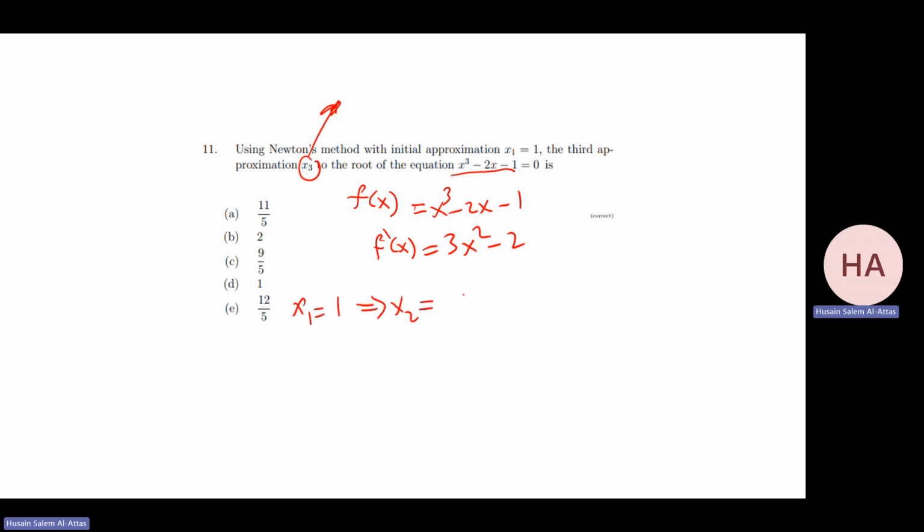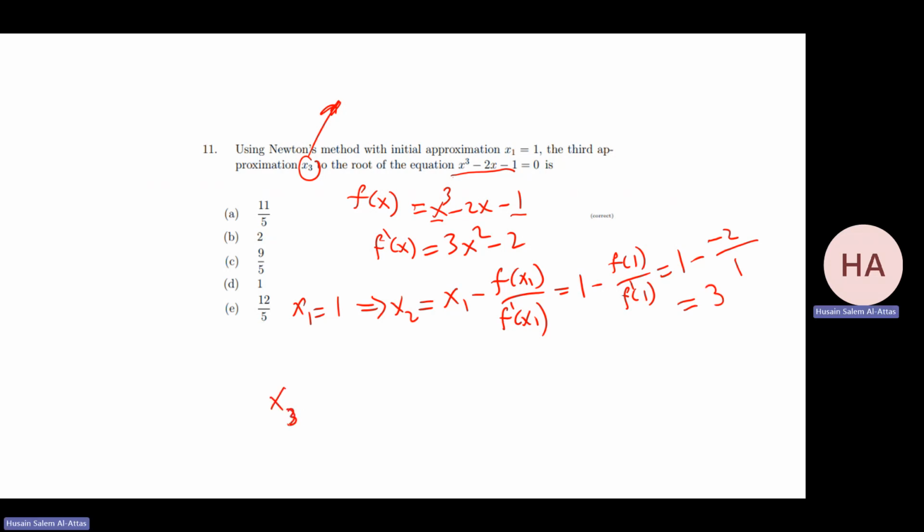That means x2 equals x1 minus f of x1 over f prime of 1, that is 1 minus 1 minus 1 minus 2, that is -2, over f prime of 1, 3 minus 2, which is 1. That will give me 3. Now, x2 equals 3.